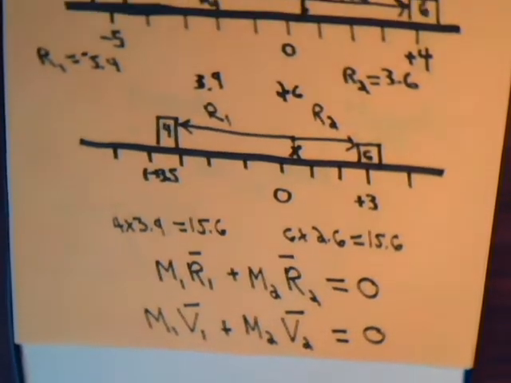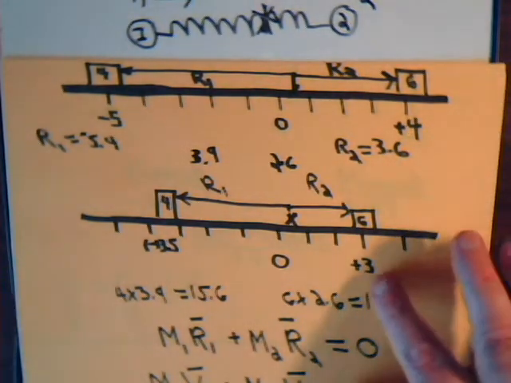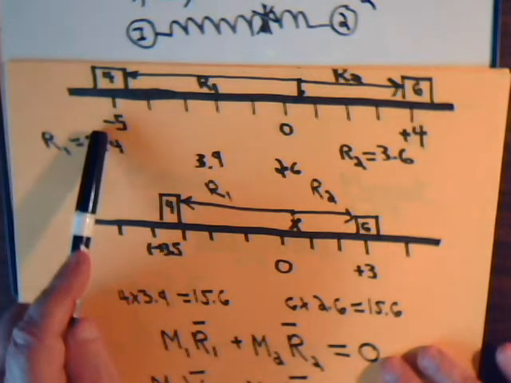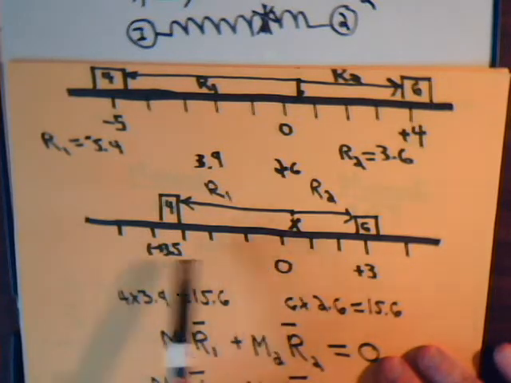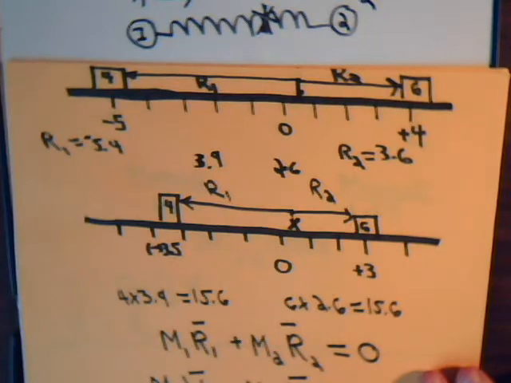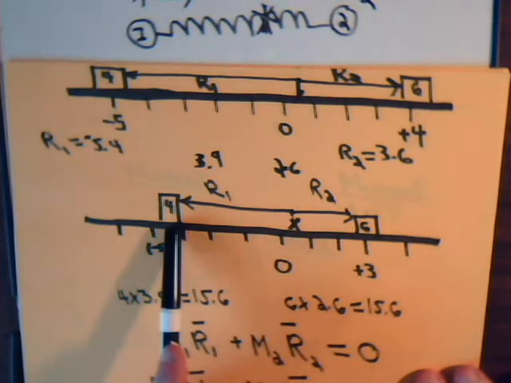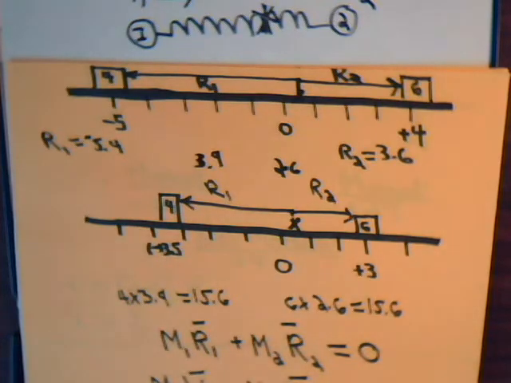For example, suppose we move this block from plus 4 to plus 3, and we move this other block from minus 5 to minus 3.5 from the origin. Well, the distance R1 from the center of mass would now be minus 3.9.